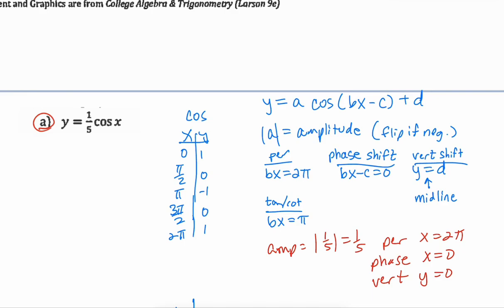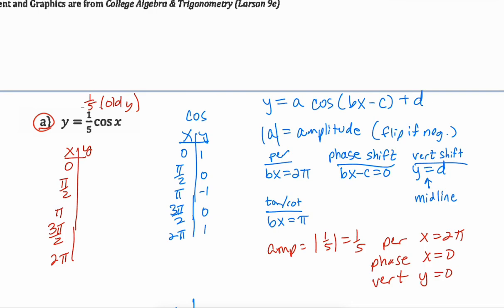So to come up with a chart that matches this graph, it's just 1/5 times the old y's. So it's just 1/5 of that. So our x values are still going to go 0, pi over 2, pi, 3 pi over 2, and 2 pi. We haven't changed the x's. It says x right there. There's nothing to change.